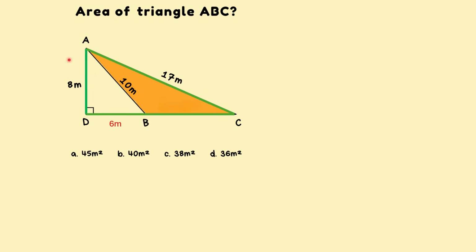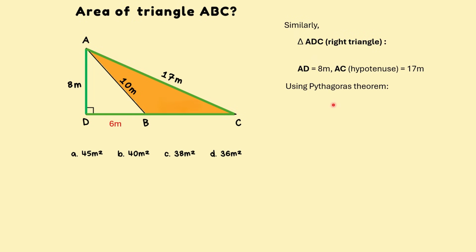Now let's consider the bigger triangle ADC. The right triangle ADC, we know that AD is equal to 8 meters, and AC, the hypotenuse, is equal to 17 meters. Once again, using the Pythagoras theorem, AC square, which is 17 square, is equal to 8 square, AD square, plus DC square.